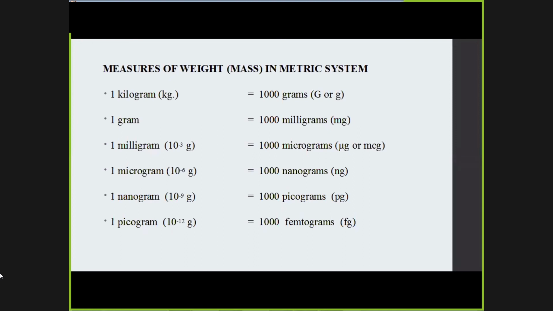So 1 kilogram is 1000 grams, 1 gram is 1000 milligrams, 1 milligram is 1000 micrograms, micro converts to nano, nano to picograms, and finally femtograms. If the same is in liters and microliters, you convert it accordingly. Go by 10 raised to minus 3.